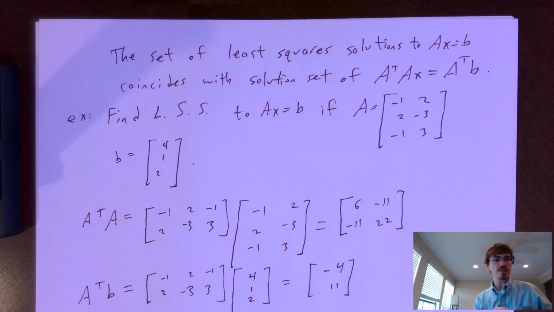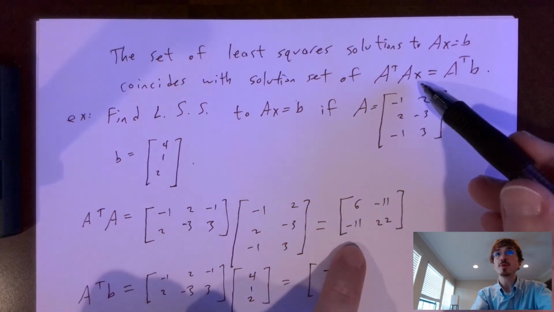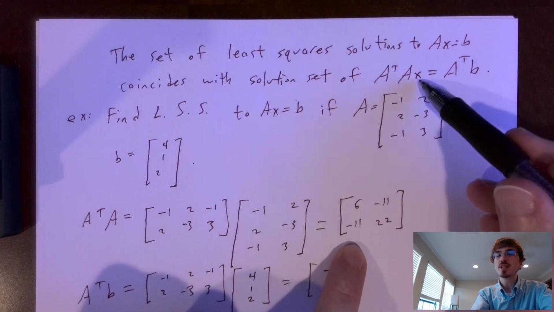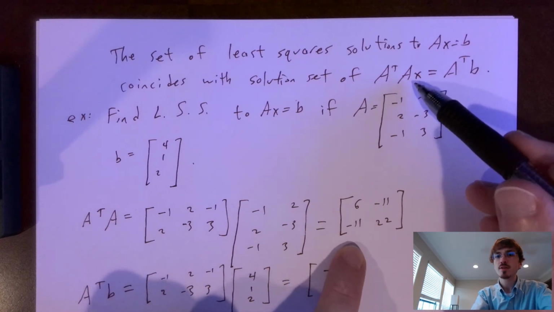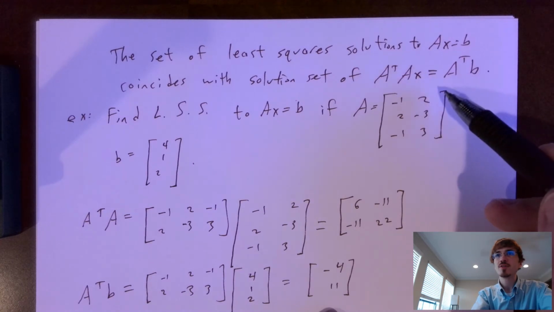So what does this tell us? A transpose times A, this 2 by 2 matrix, times some vector x must equal this vector -4, 11.